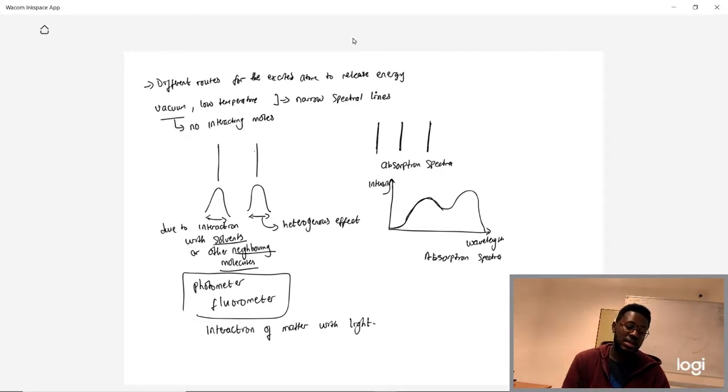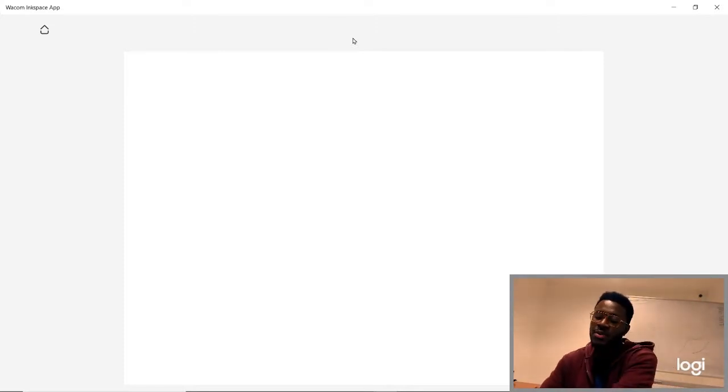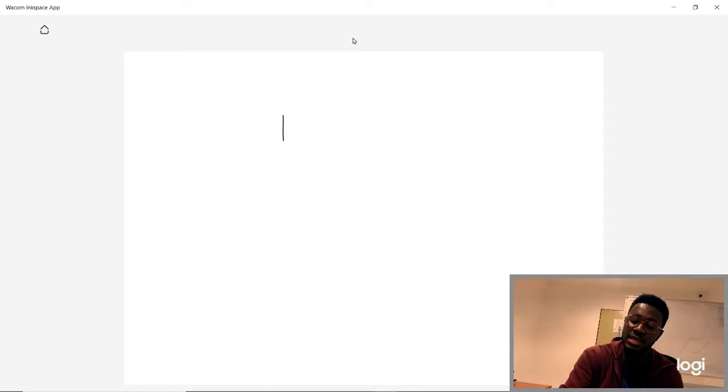Light is basically photons. It's not just visible light, it's photons we're talking about here. If you have an object and light strikes it, this is incident light, the light that strikes the object.